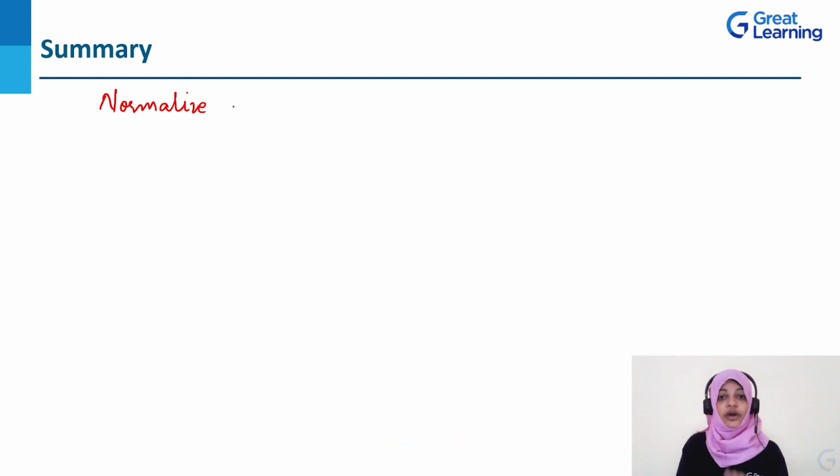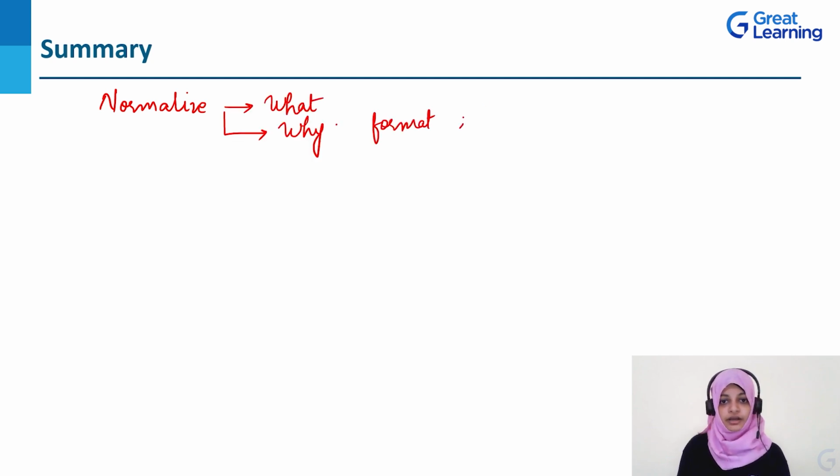Not only that, we are also able to see all of the redundancies that may be a part of the database and eliminate those. So, format, redundancy, and anomaly minimization.